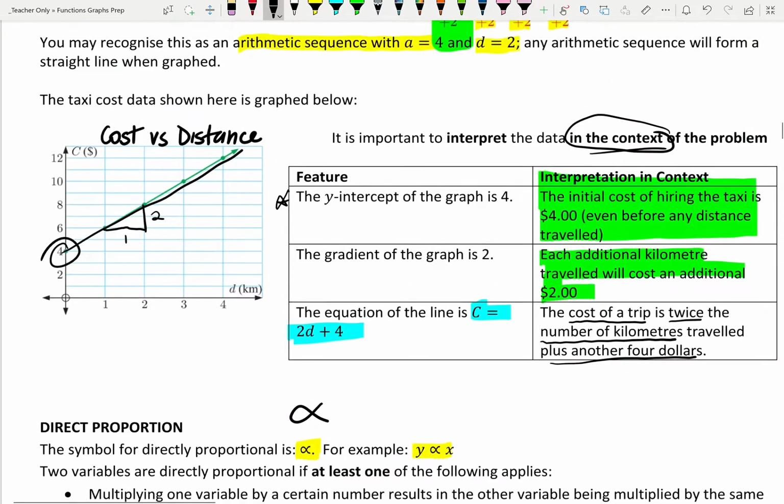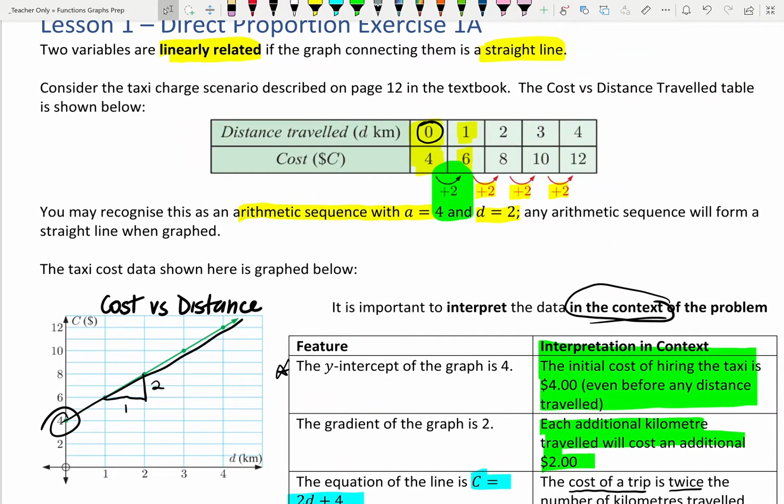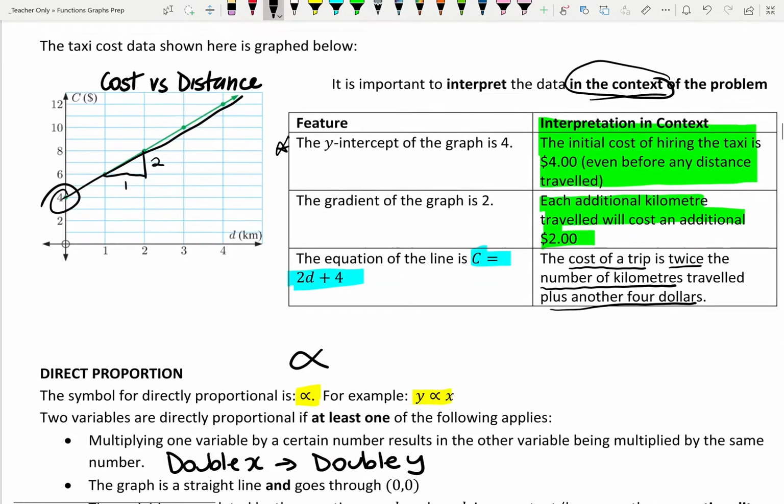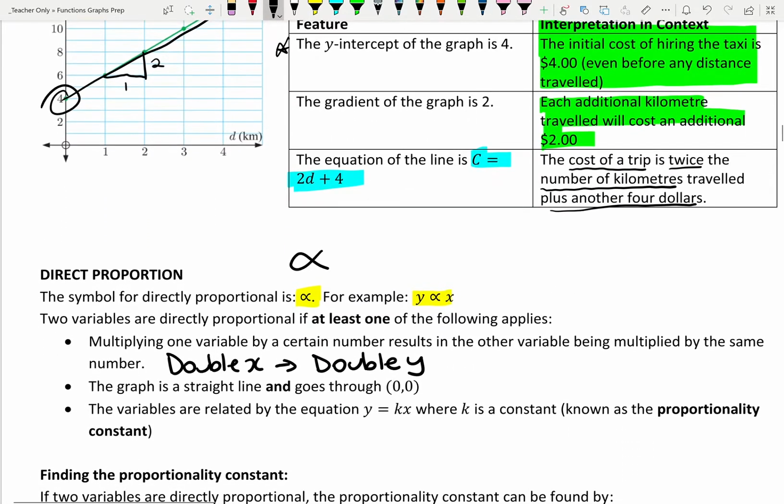Going back to our taxi example, we can see that if we double 1 to get 2 in our x variable, we don't actually double 6 to get 12. We're only adding 2 to make it 8. You can also check if we triple it to get 3. 6 tripled is not 10, so we can say that the taxi scenario is not directly proportional.